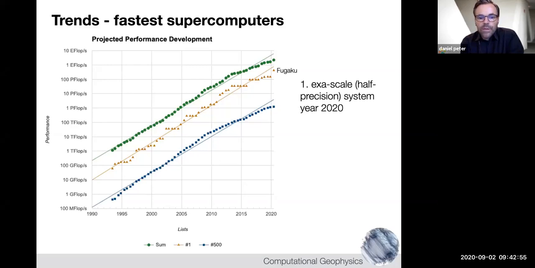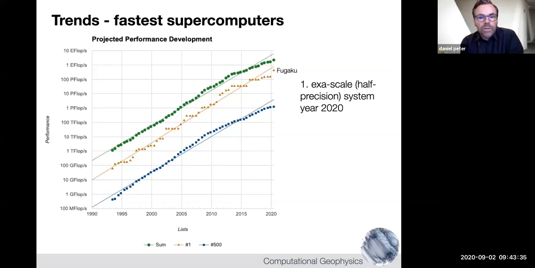And if you start today in 2020, the fastest machine just came out in June. That's a machine called Fugaku in Japan, which is now the fastest supercomputer. And if you look in terms of the floating point operations it can do, here the scale of the performance is floating point in double precision.